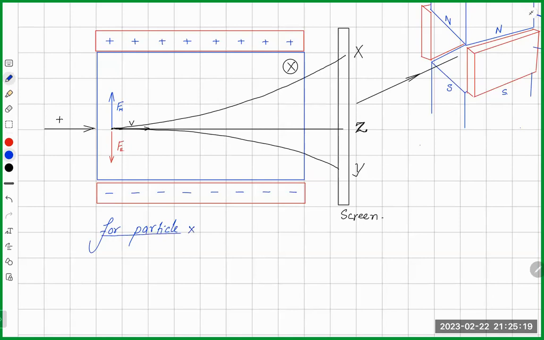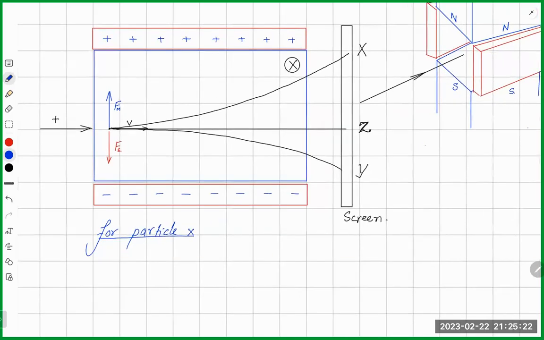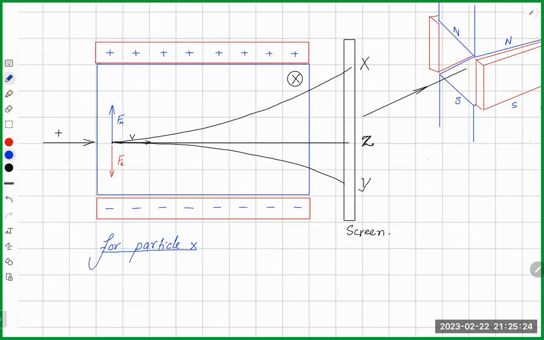It's negatively charged, maybe. No, no. It has more magnetic force than electric force. Oh yes, yes. So the magnetic force is BQV, right? Yes. So maybe the charge was greater or the velocity was greater.